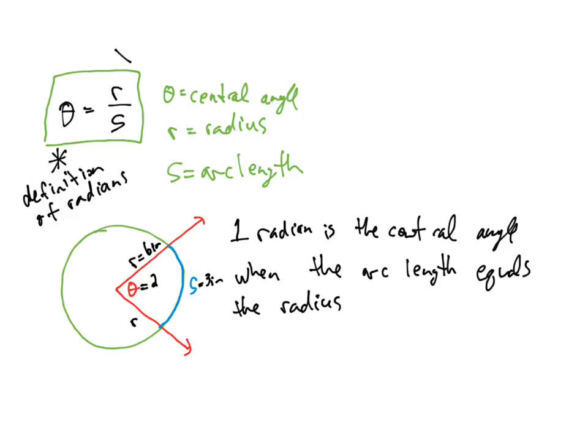Okay, so really we're just using this fact. Measuring in radians is really just taking the ratio of the radius over the arc length. So we can use this ratio to then find the arc length. So S is just equal to R over theta. And we saw that. Couple equal signs there. So we saw that the arc length is equal to the length of the radius divided by that central angle in radians.